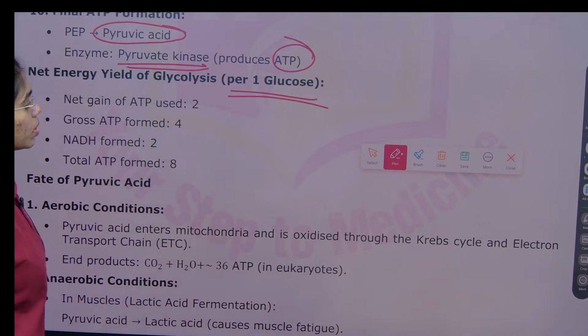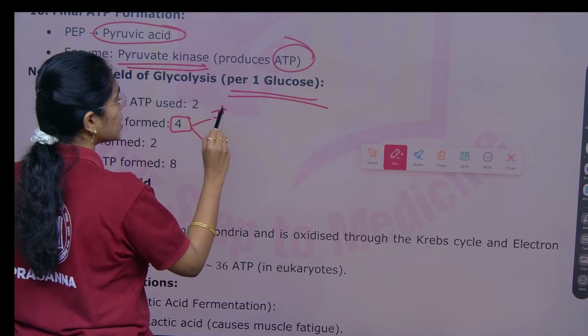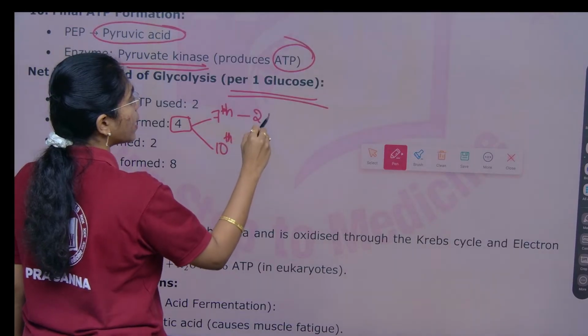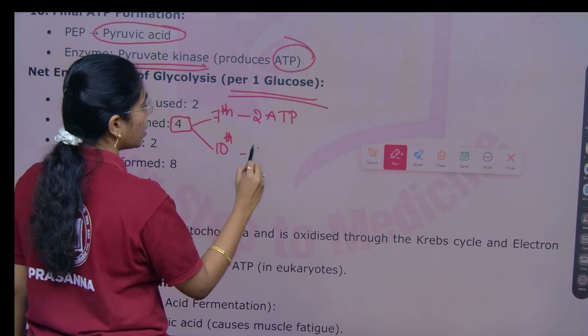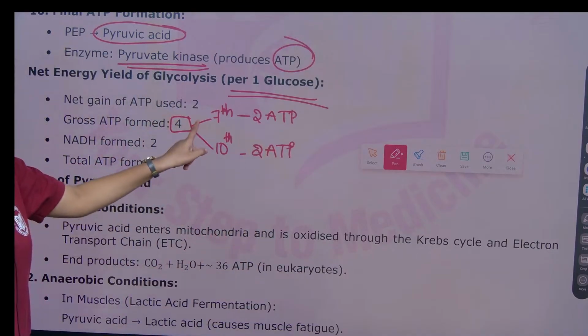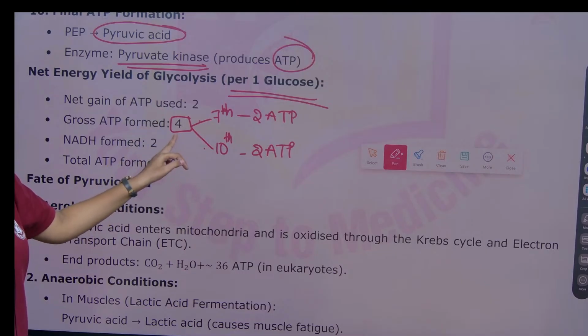Gross ATP formed is 4. That is at the 7th step and 10th step of glycolysis, one ATP is produced at each step, right? So, gross ATP released is 4 ATP.